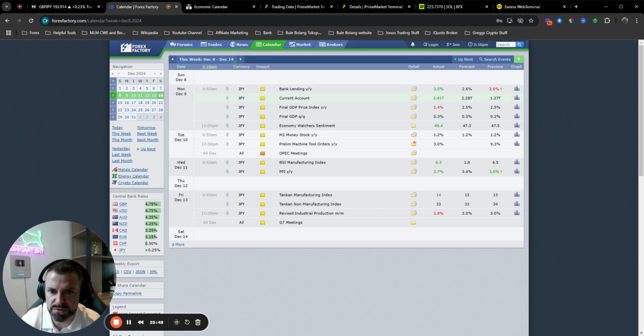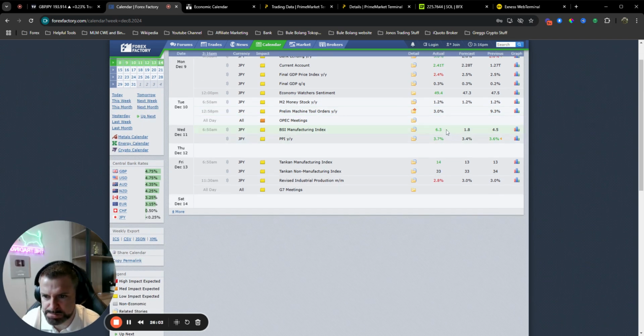Bank lending is up, okay. Bullish, bullish, bearish, bullish, only ever slightly. Bearish, sticky, bearish, bullish, bullish.